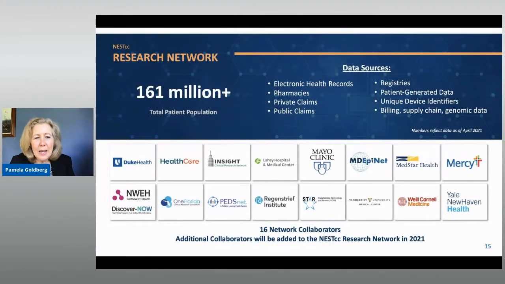And that network that I just mentioned really covers roughly 161 million lives, with a variety of data sources, and so electronic health records is only one piece of that. And you can see this list of who our network collaborators are, which is how we have these different sources of data.